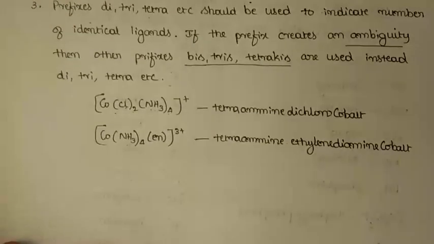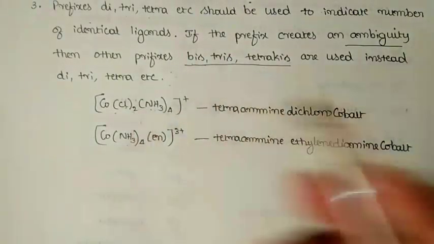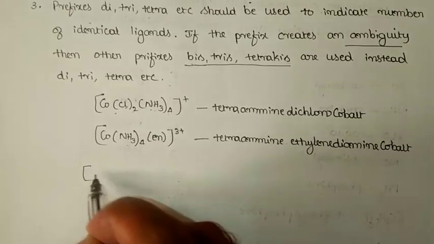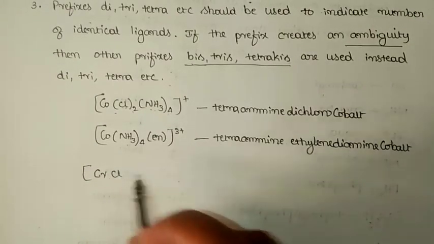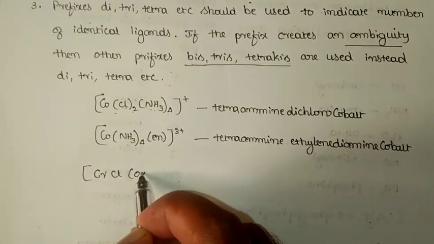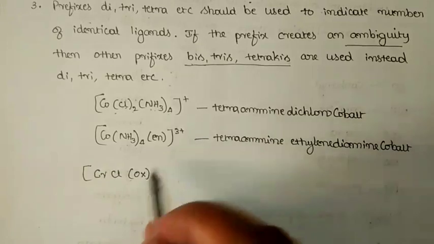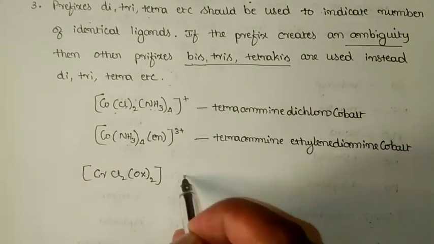Suppose you are having some complex ligands, where we can use these prefixes: bis, tris and tetrakis. Now we shall see, for example, let me go with chromium. Cr, Cl and ox, twice, and here also twice.